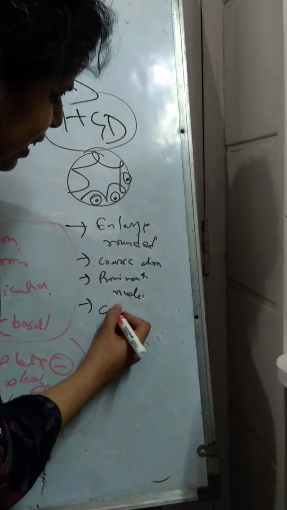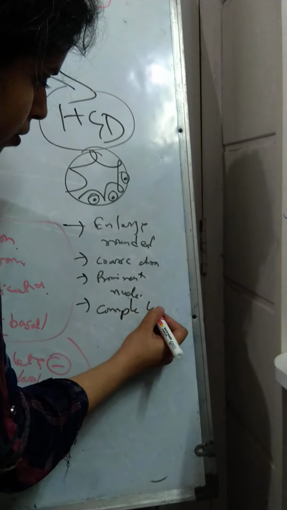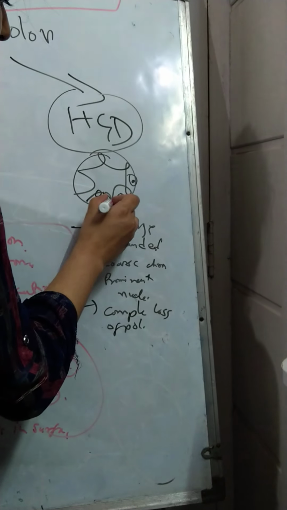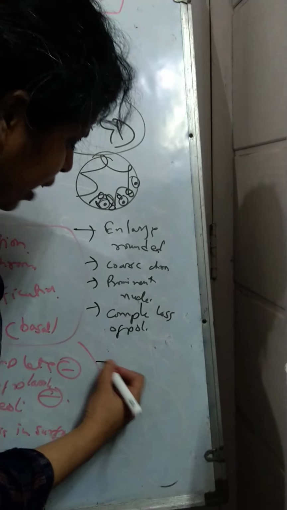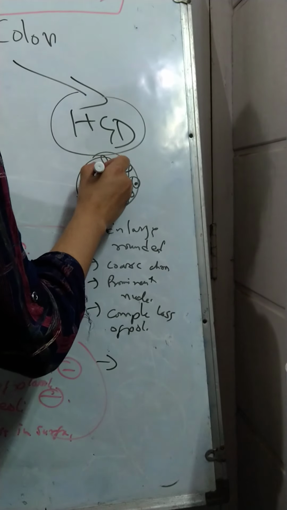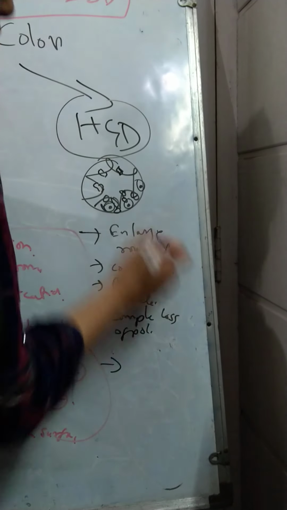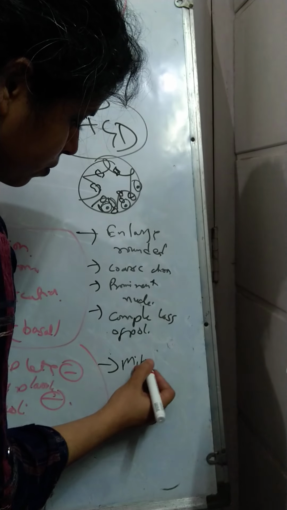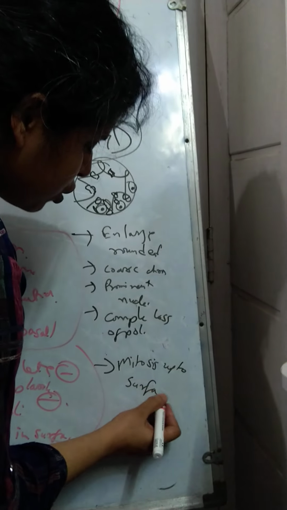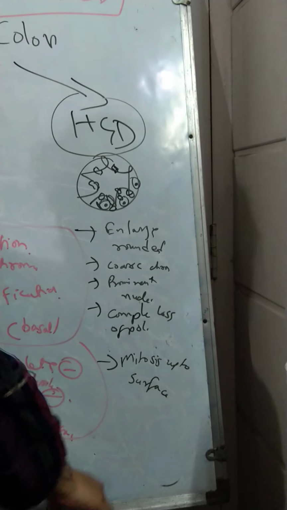There is a complete loss of polarity. Complete loss of polarity. They will be here, here, here, here, everywhere. And you will see that there are mitoses reaching right up to the luminal surface. Only when you have these features will you label something as a high grade dysplasia.